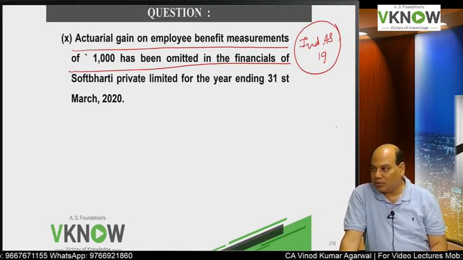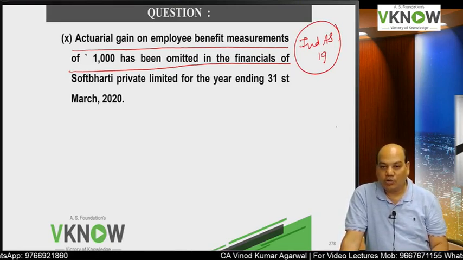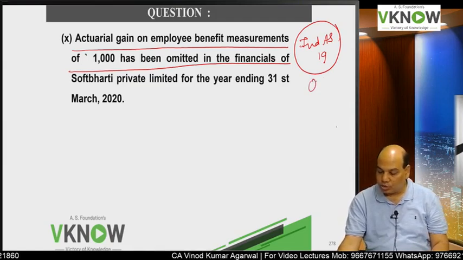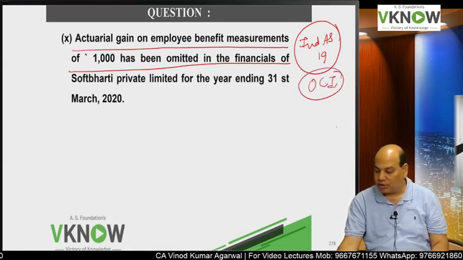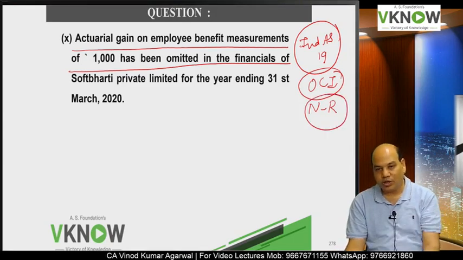A post-employment benefit plan or defined benefit plan requires you to get your liabilities and assets valued by the actuary, and that may result in gain or loss. This is shown in OCI. It is an OCI item, a non-recyclable item. So this has completely been omitted.